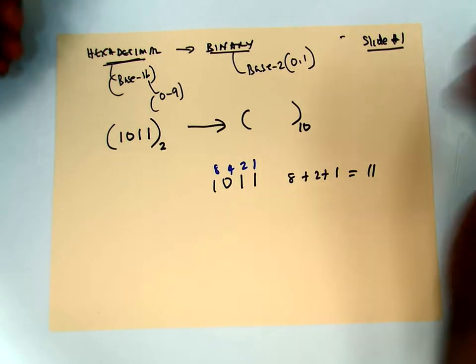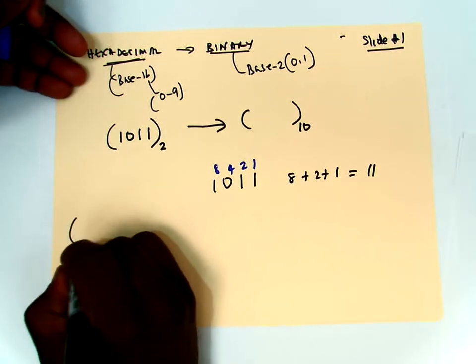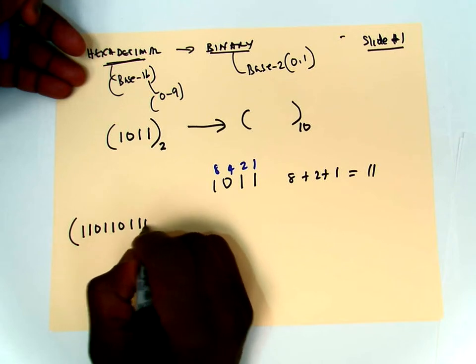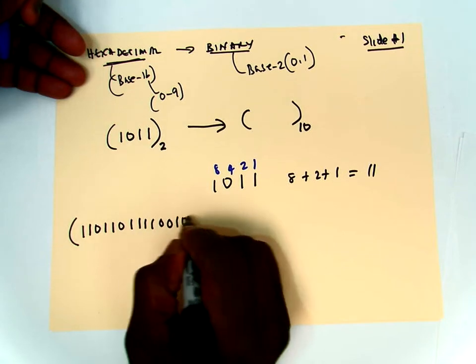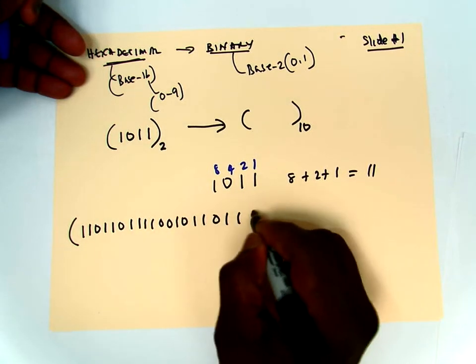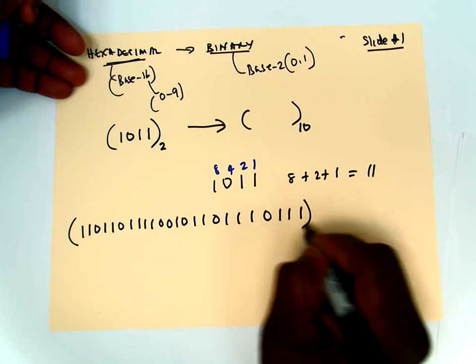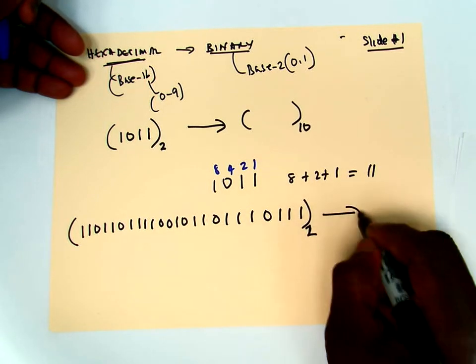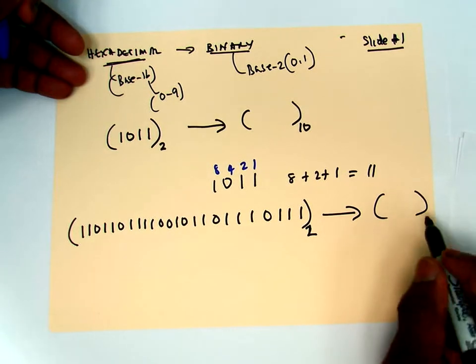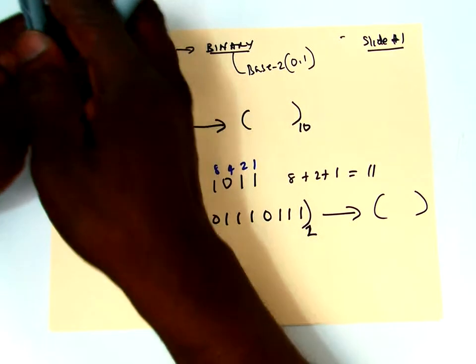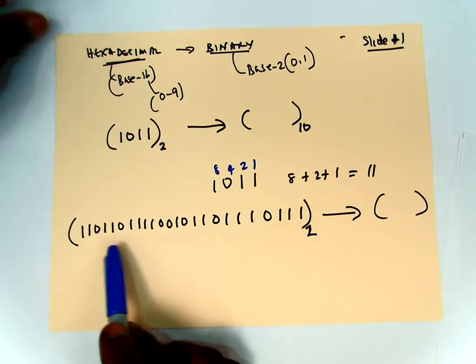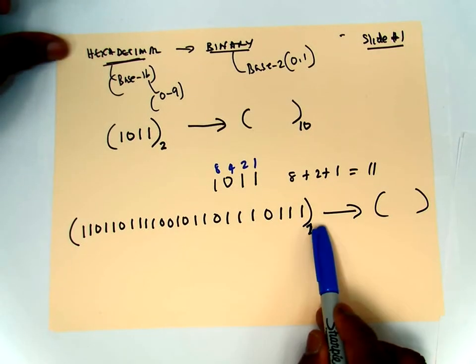Yeah, but suppose we have a big number like this. In binary, how do we take it to anything? Some of you don't really get it yet. Let me give you what this means. This is a very big number.